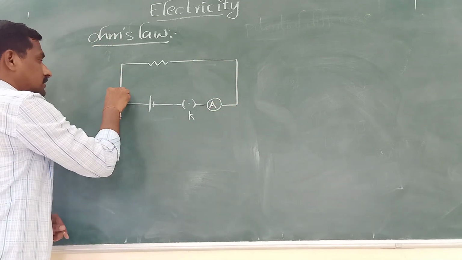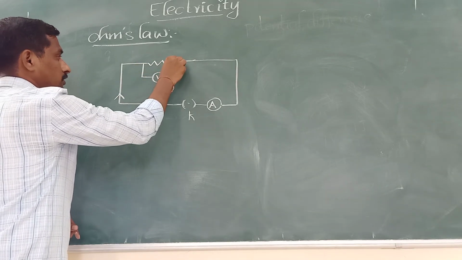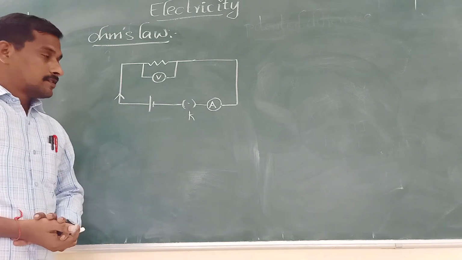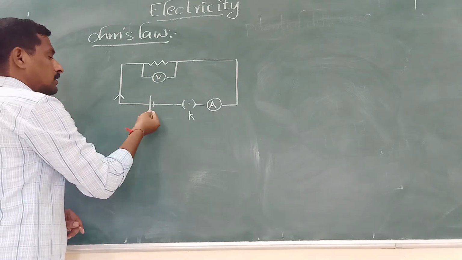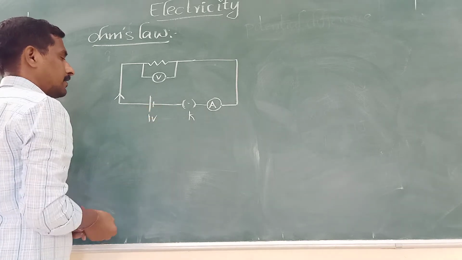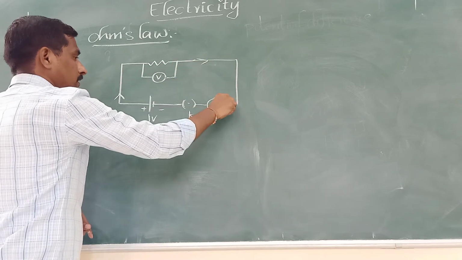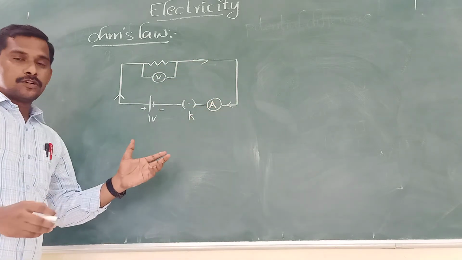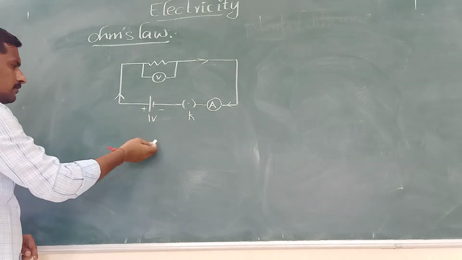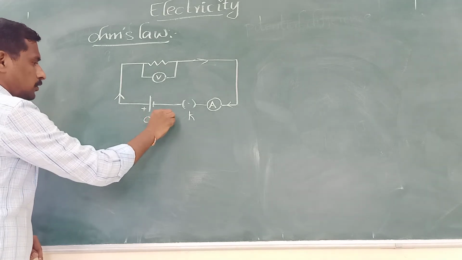Now this is the direction of the current. Across this nichrome wire we give a connection to a voltmeter to measure the potential difference. Here we added one cell, for example 1 volt. Then current is flowing through this, and we observe that the ammeter shows some reading. Suppose instead of 1 volt we take 0.2 volt.